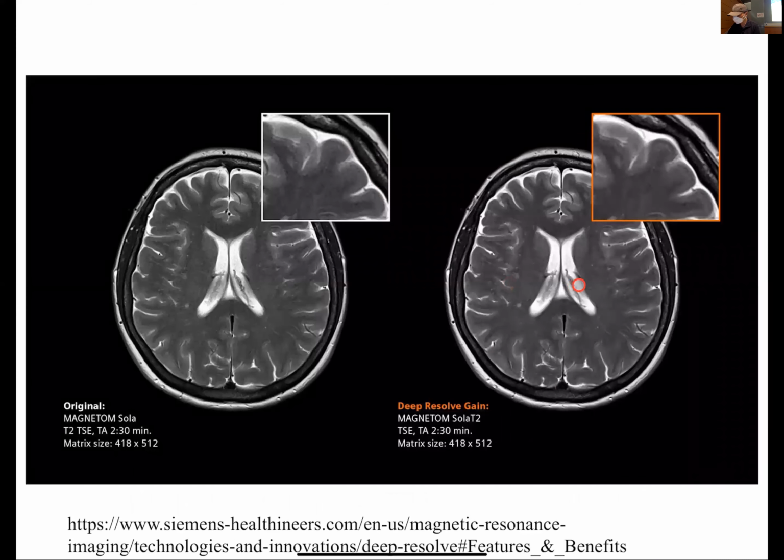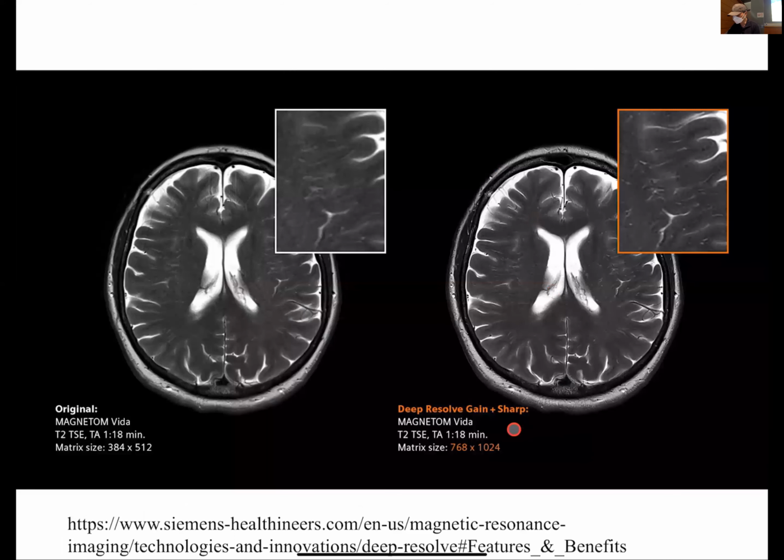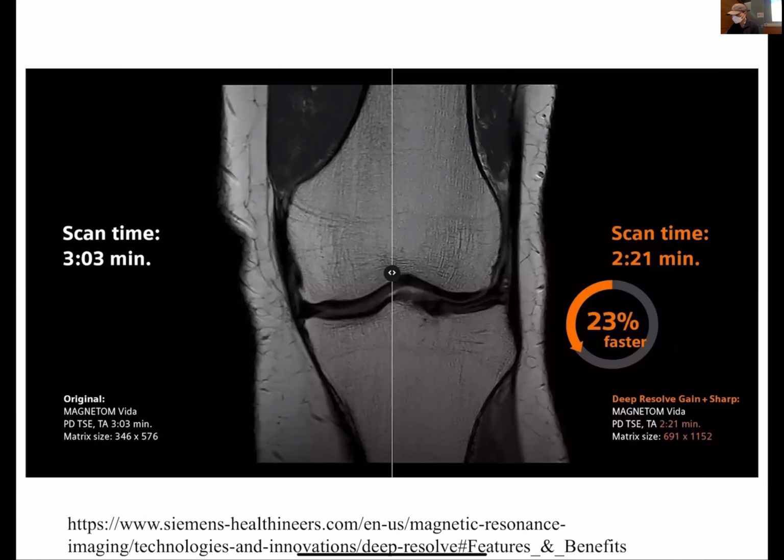Okay. This is from, I think, Siemens, which is showing, for example, you can either keep the scan time the same and get sharper looking images, or you can use it to reduce your scan time. I think this is still the same scan time, so it's just showing more detail here. And here you've actually been using it to reduce the scan time.